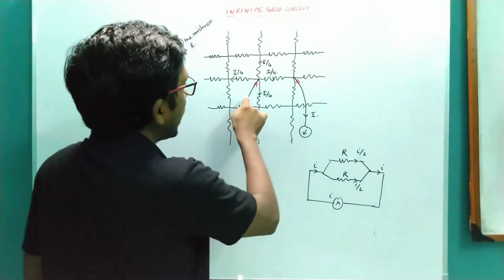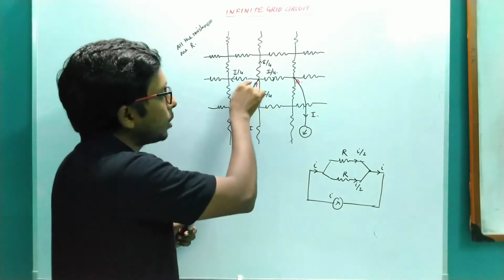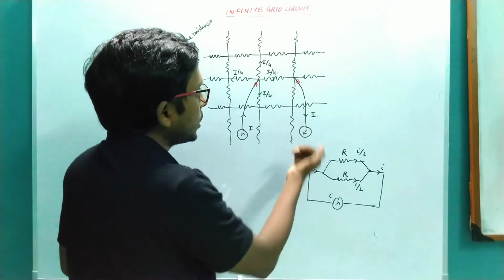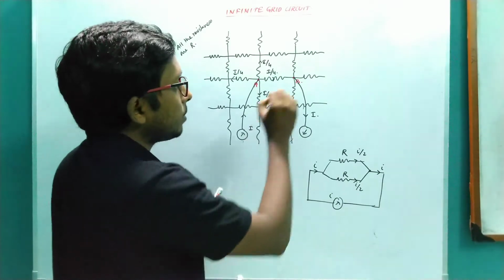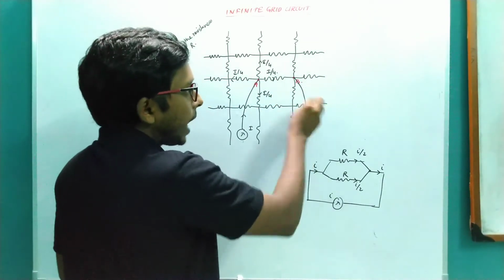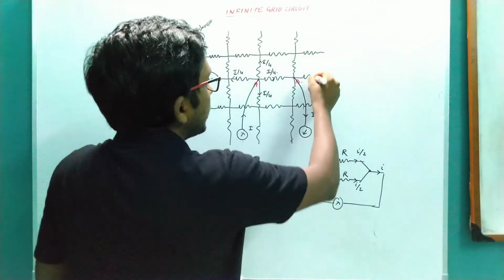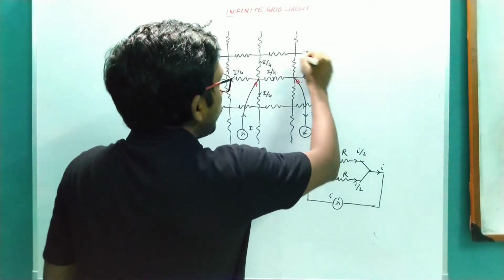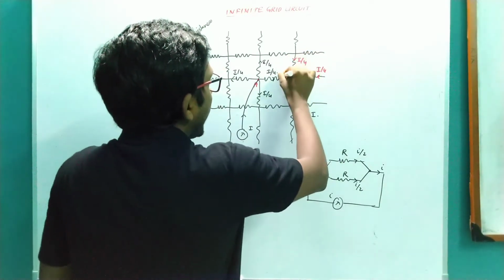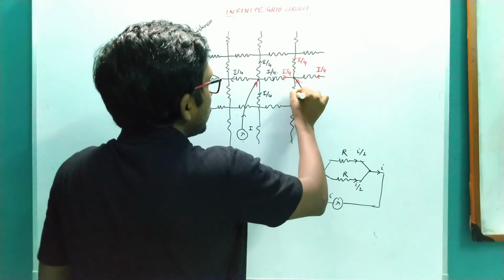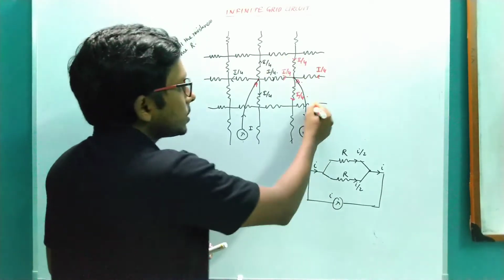Now this I is sent into the circuit through A, and this I am drawing from the point B. And how will I get this I? I can think that 4 I by 4s are adding here to give us the I amount of current.